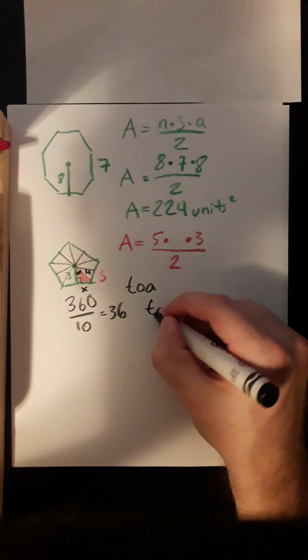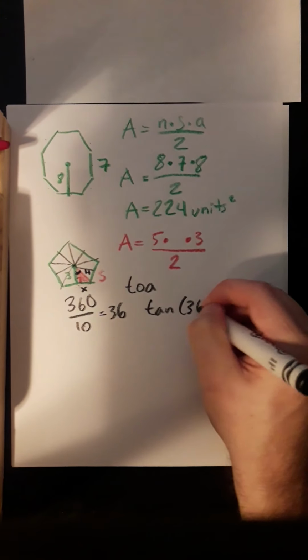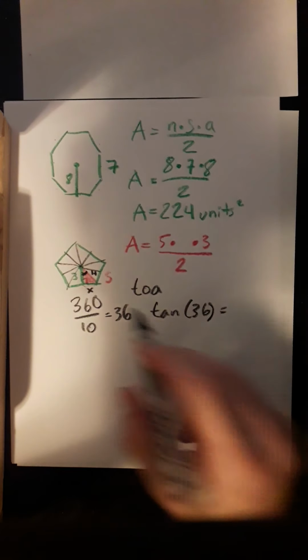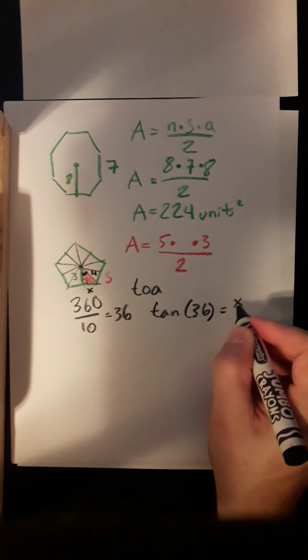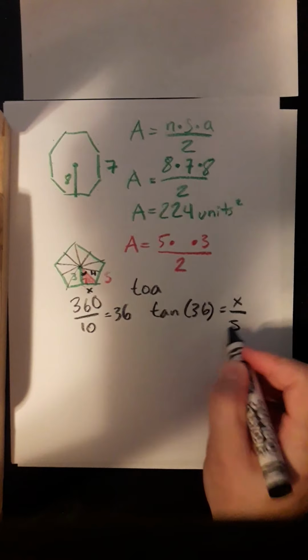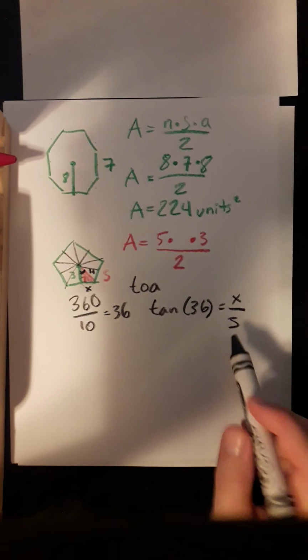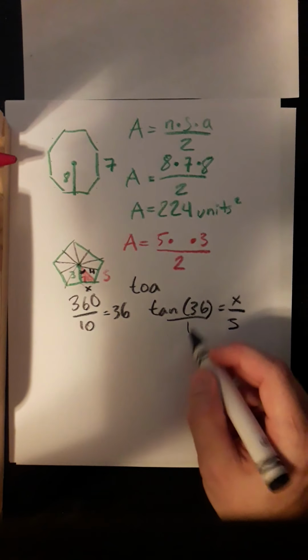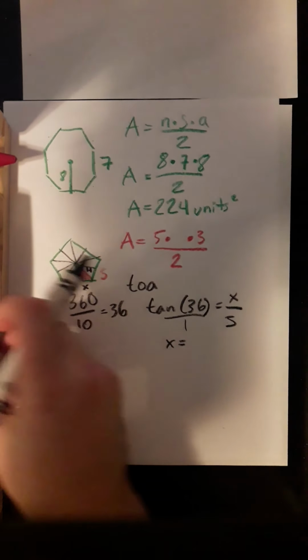So the tangent of 36 degrees is equal to opposite, which is x, over adjacent, which is 3. So essentially, I just need to multiply 3 by tangent of 36 because that's how cross multiplication would work. And I have x equals, let's find out.